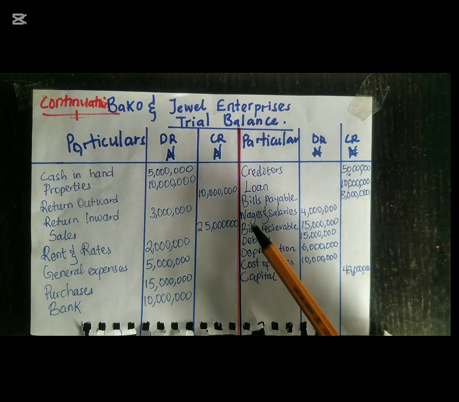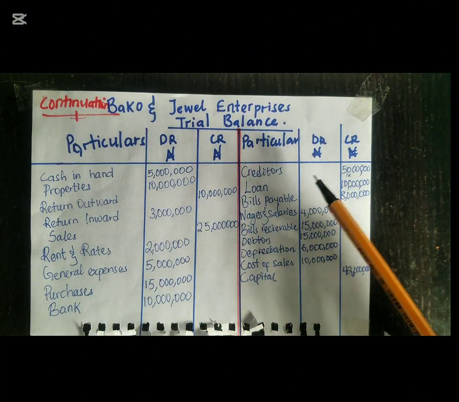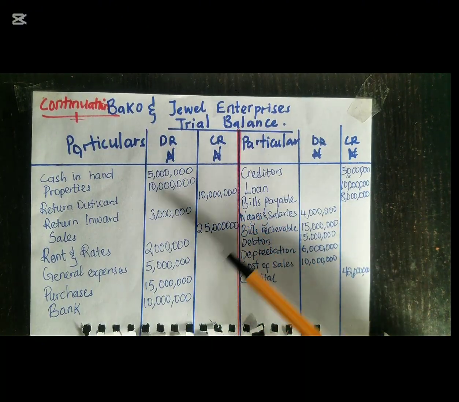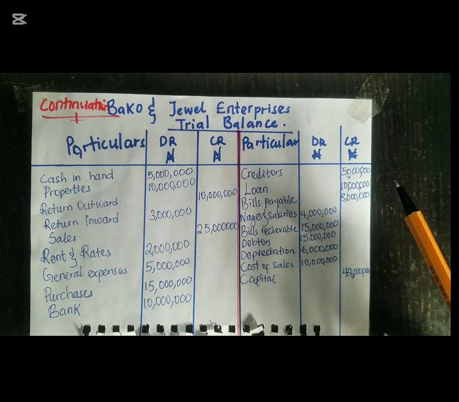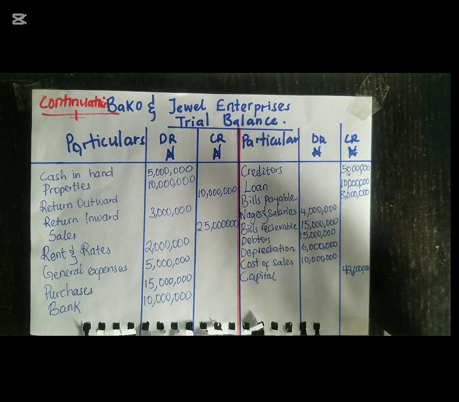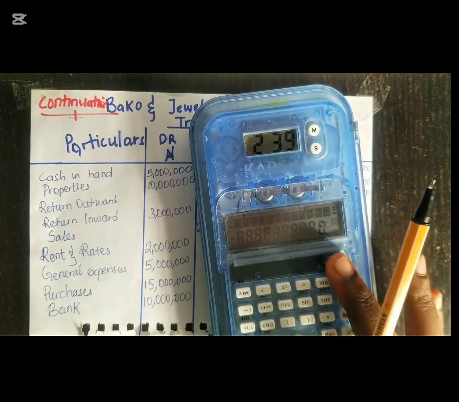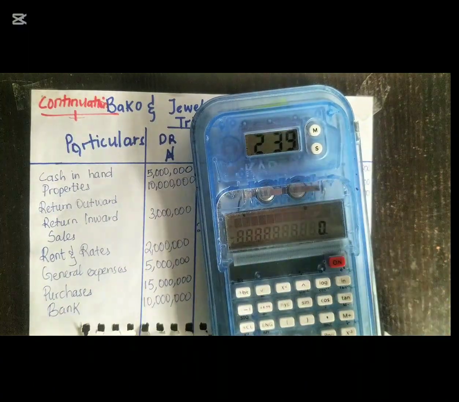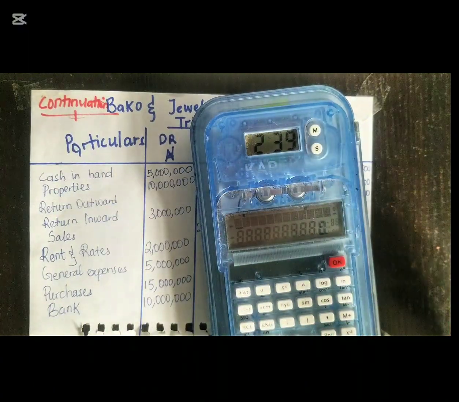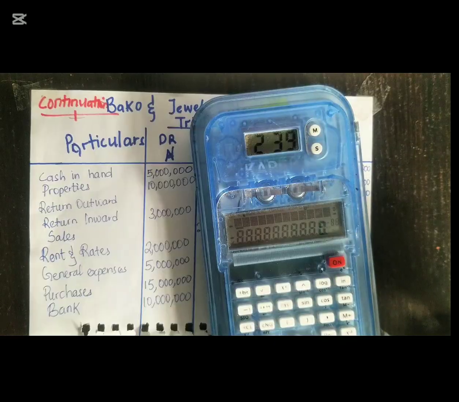So we have to calculate the debit side and make sure the debit and credit side correspond. Do we understand? So now I'm going to be using my calculator. We'll calculate the debit side first, we'll keep it somewhere, then we'll calculate the credit side also.